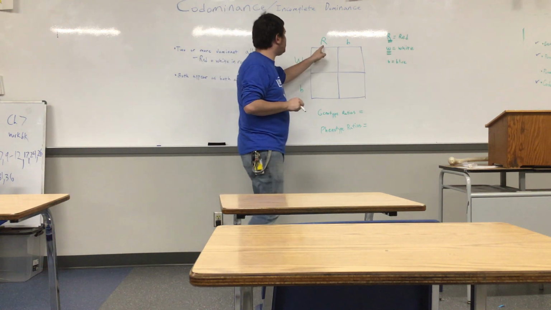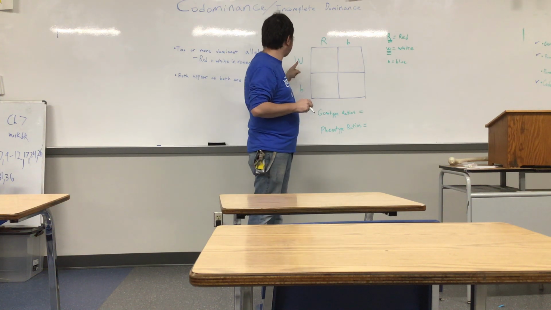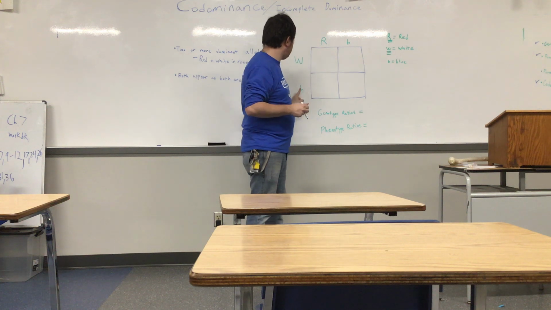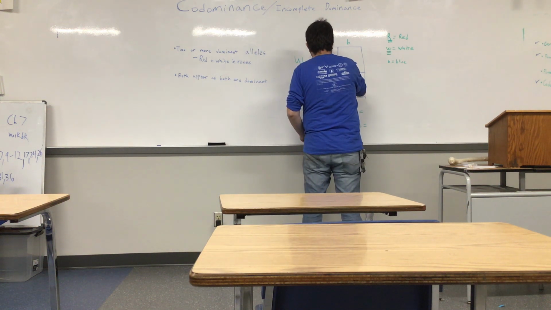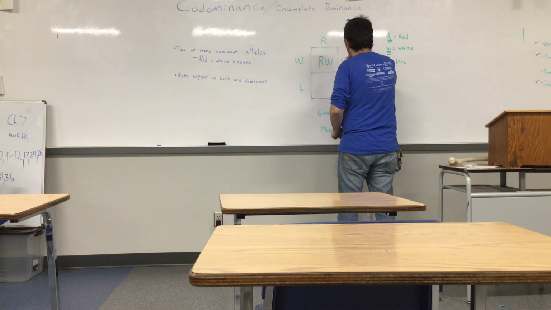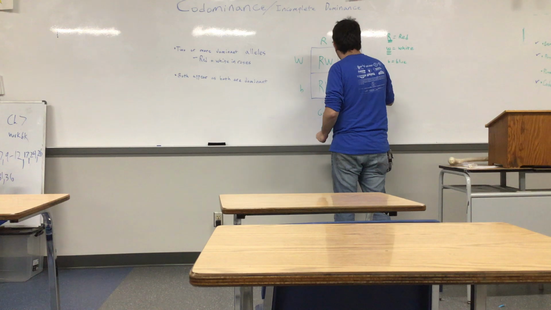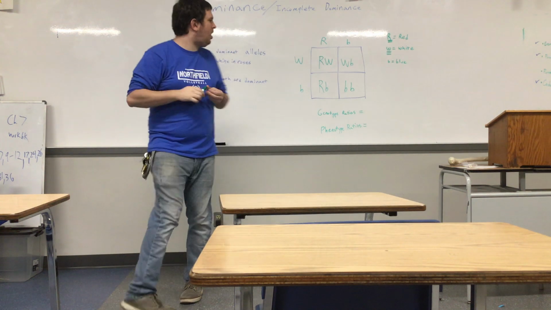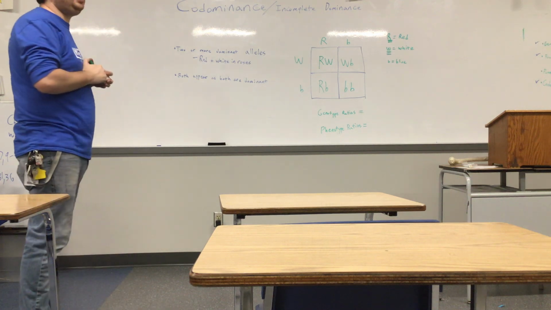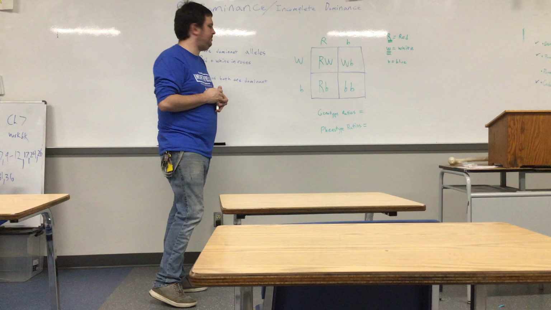So, as we fill this out, the R comes down, the B comes down, the W goes across, and this B goes across, which gives us these offspring, these children: RW, WB, RB, and BB.